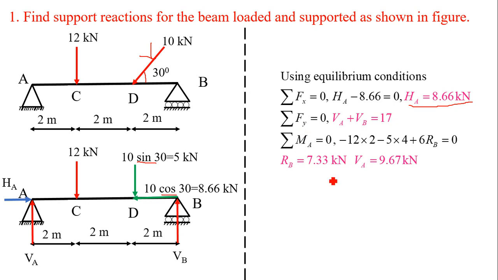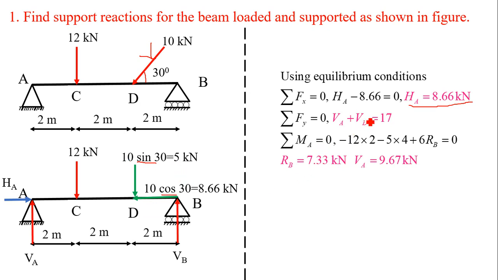Then second, summation of Fy equals 0. Vertical forces VA vertically upward is positive, VB vertically upward is positive, then 12 kilonewton vertically downward is minus 12, and 10 sin 30, that is 5, vertically downward, so minus 5. So minus 12 minus 5 is minus 17.